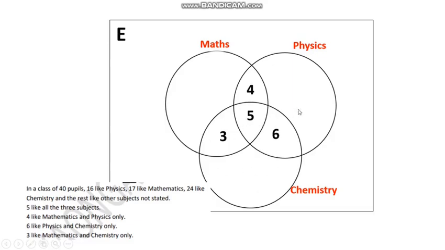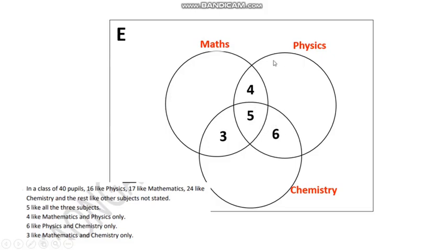So what you are going to do is, here we need the number of pupils that like physics only. It's going to be shown here. So you have 4, then you have 5, you have 6. You need to add these: 4 plus 5 plus 6, and this will give us 15.